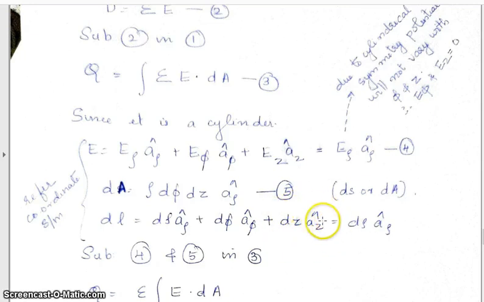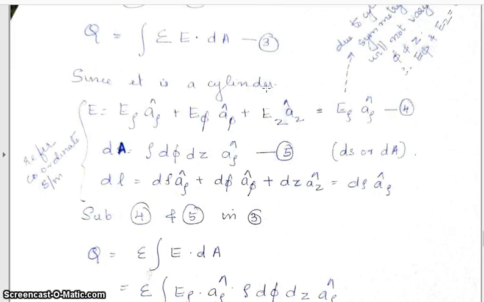As I said earlier, along these coordinates, potential will not vary. For this equation, please refer to the coordinate system. Now what I am going to do is substitute equations 4 and 5 in 3.